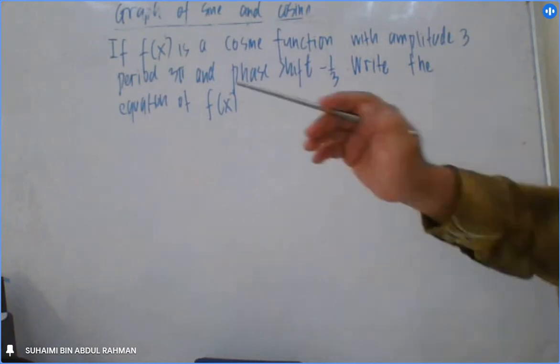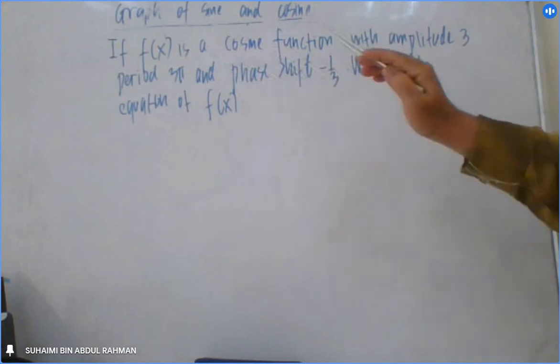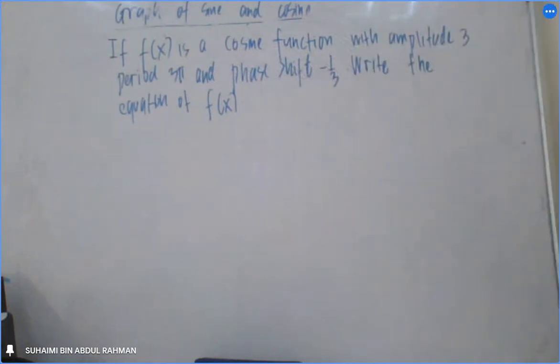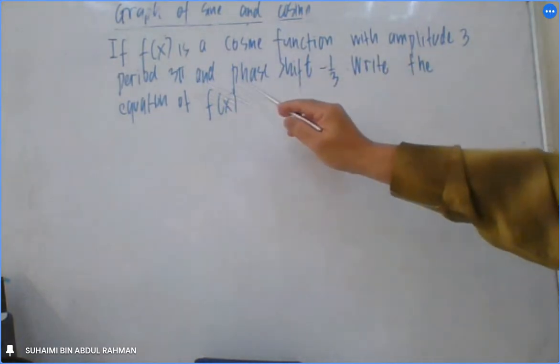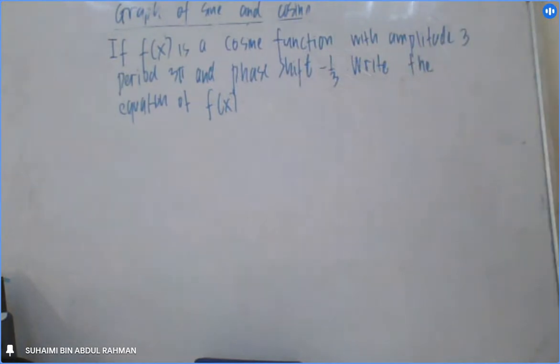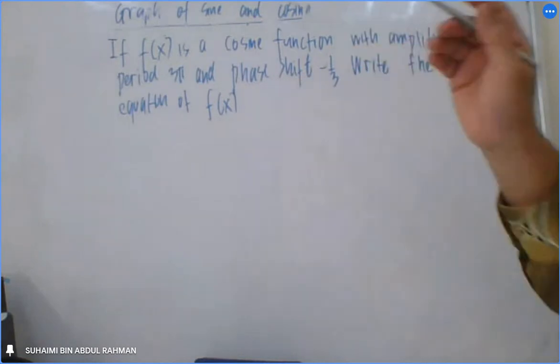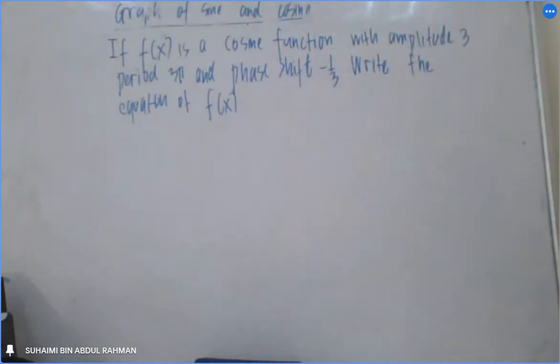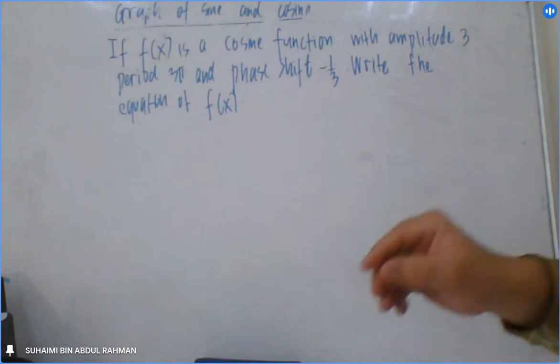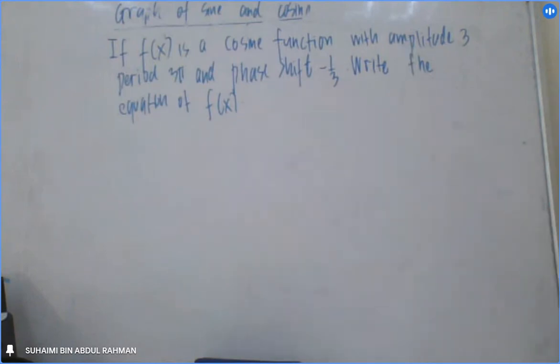If the function f(x) is a cosine function with amplitude 3, period 3 pi, and phase shift minus 1 over 3, write the equation of f(x). Given amplitude 3, and the function we want is a cosine function.